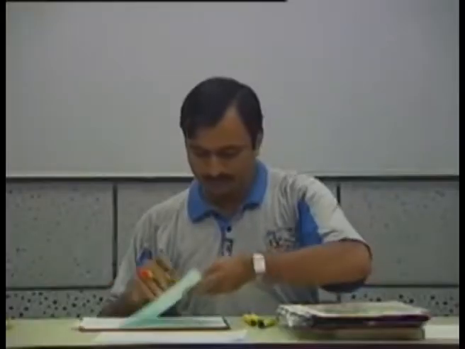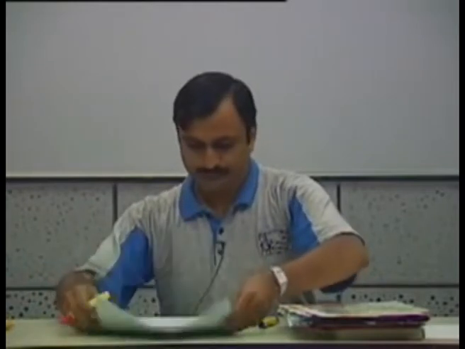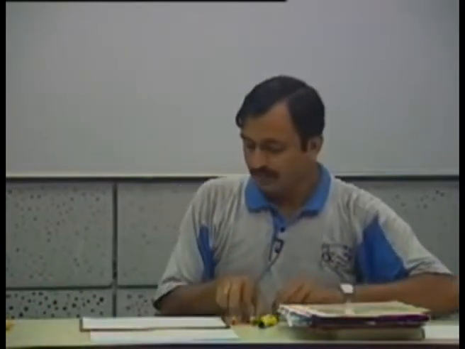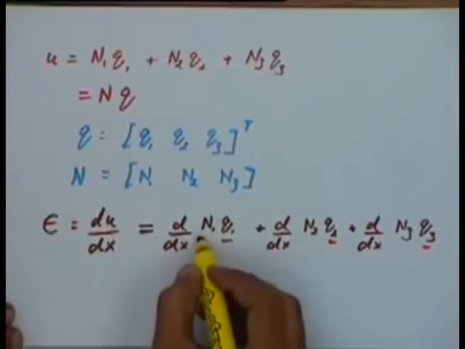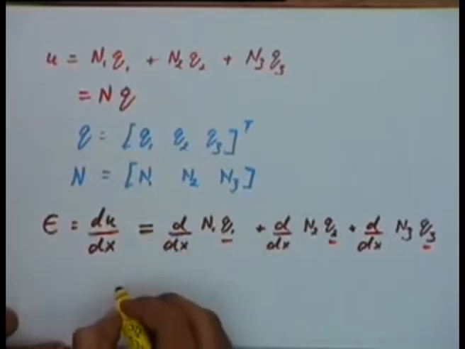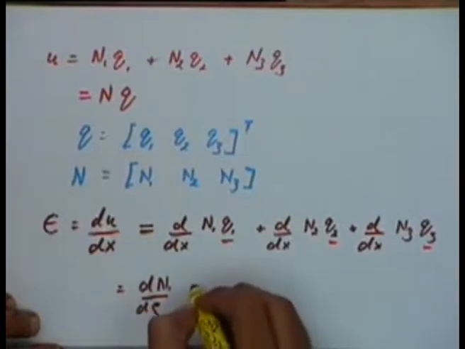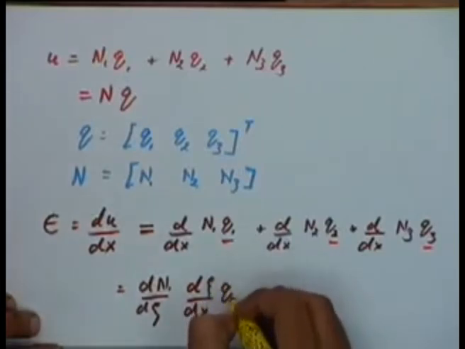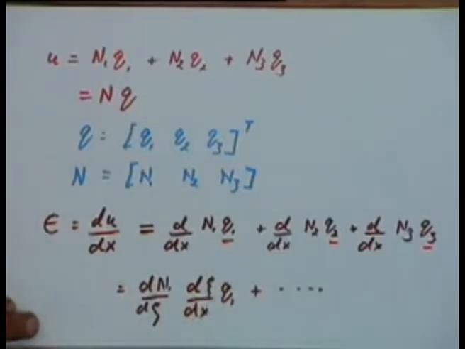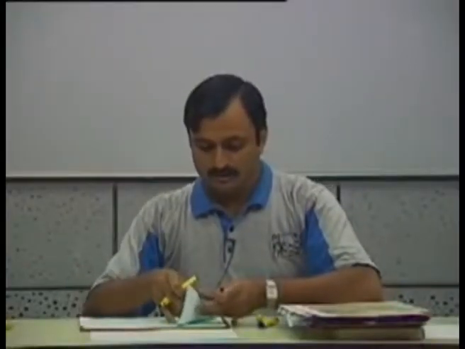So if we carry out this differentiation, the derivative of N1 with respect to x will be nothing but the derivative of N1 with respect to zeta multiplied by the derivative of zeta with respect to x, multiplied by q1 and so on. Again, the derivative of zeta with respect to x will be there in all the three terms.